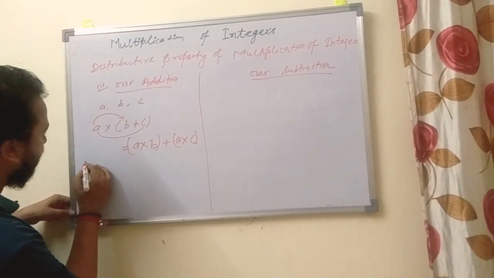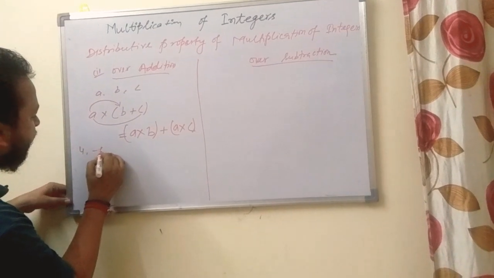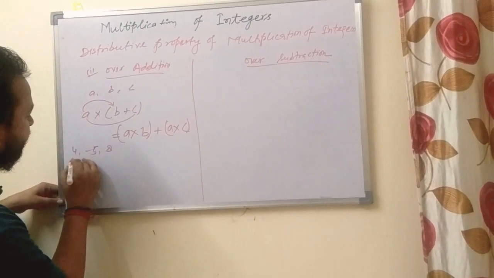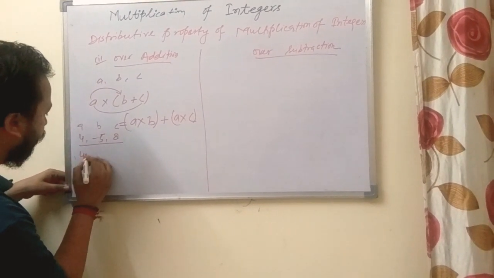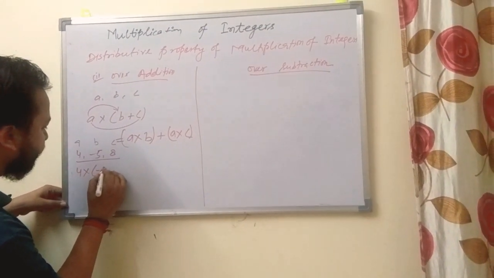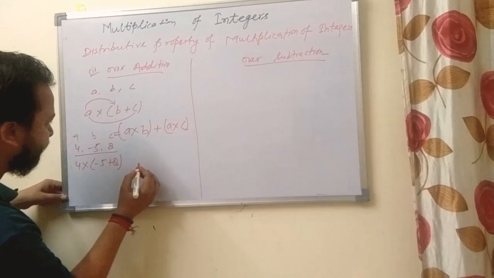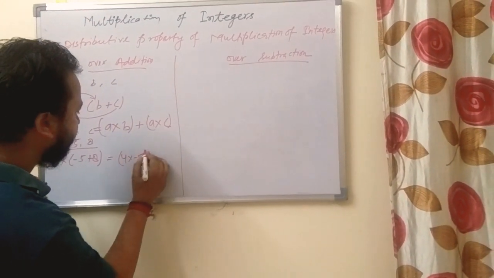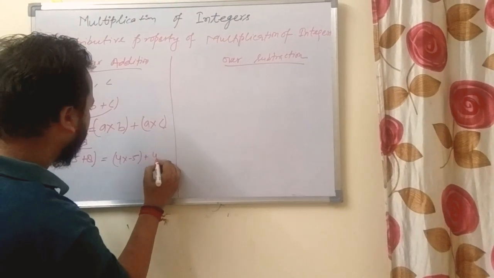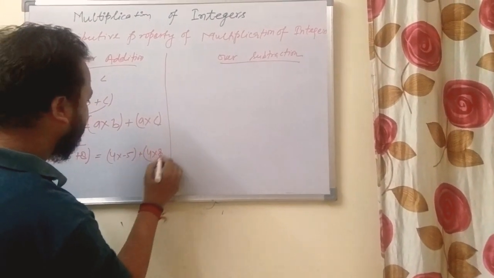Let's take an example. 4, minus 5 and 8 are three integers. So 4 multiplied by minus 5 plus 8 equals 4 multiplied by minus 5 plus 4 multiplied by 8.